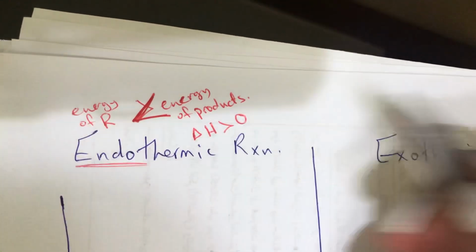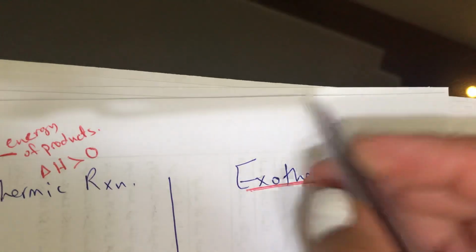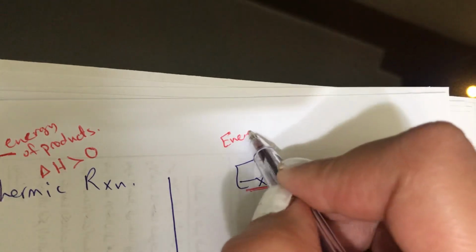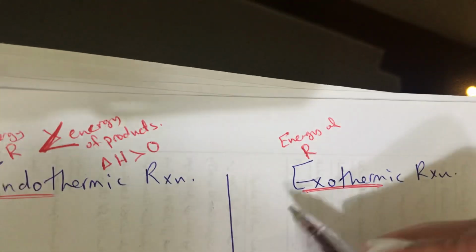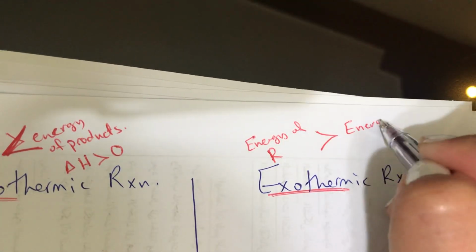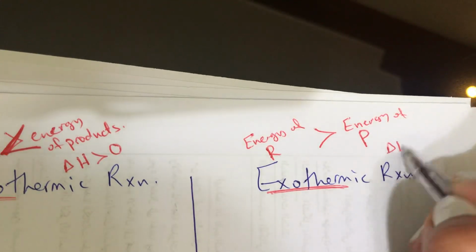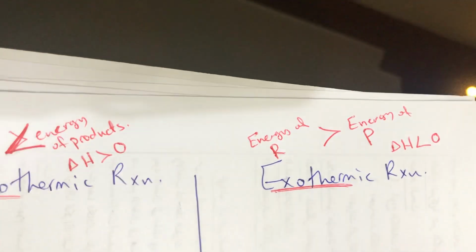So delta H, if you remember, is positive. Or here for exothermic reactions, the energy of reactant is greater than the energy of product. So here delta H is negative.